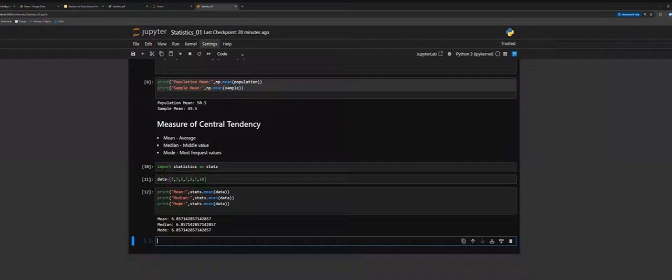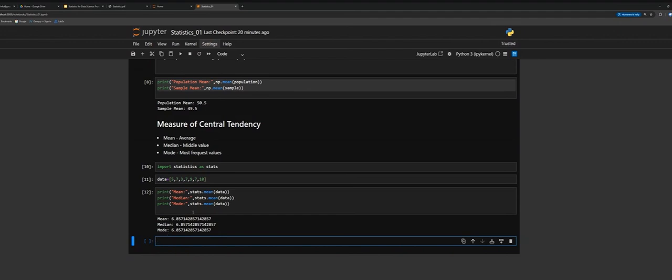Mean is 6.85. Everybody knows average. How do we calculate it? We sum up all these numbers and divide by the number of events. The median is the mid value, and the calculation for the median is (n plus 1) by 2.